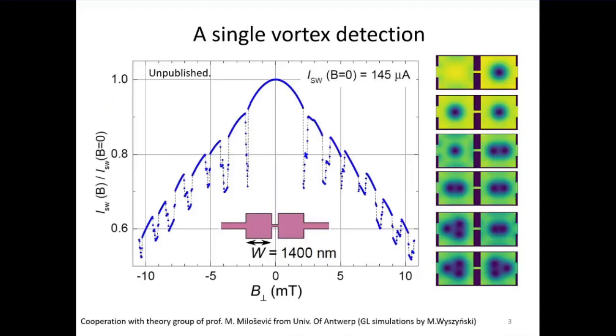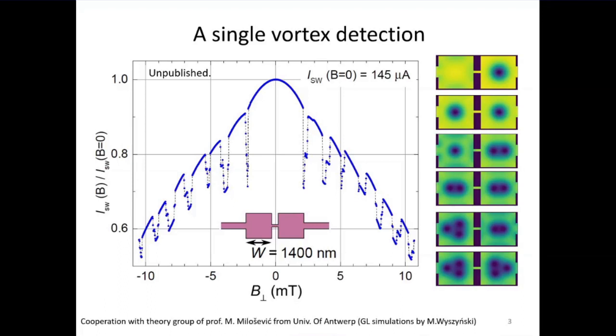So here, if we measure the critical current of such a device as a function of magnetic field perpendicular to the structure, you will find a series of cusps or suppressions of the critical current.